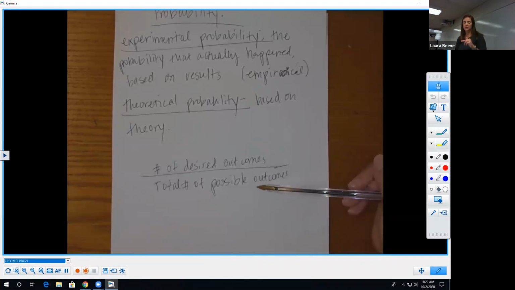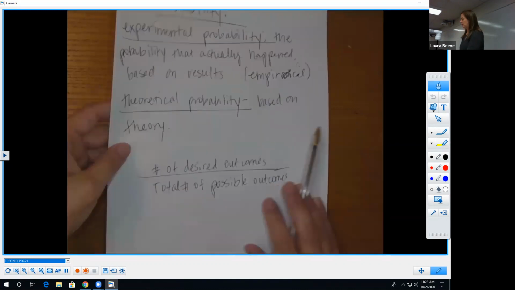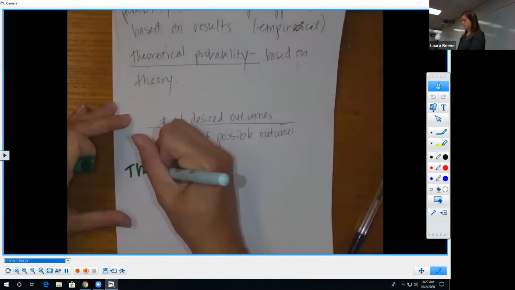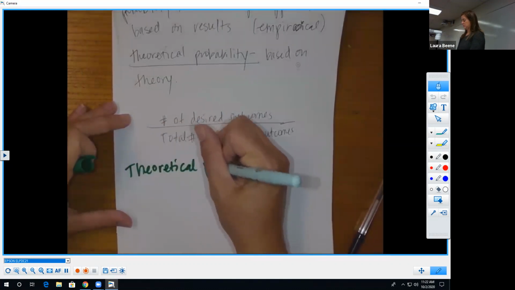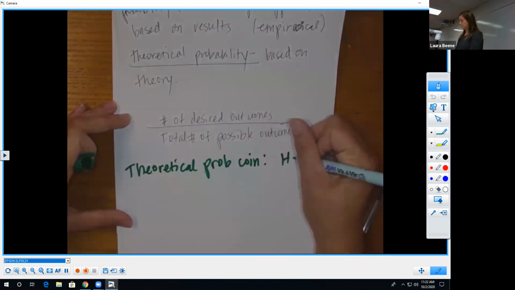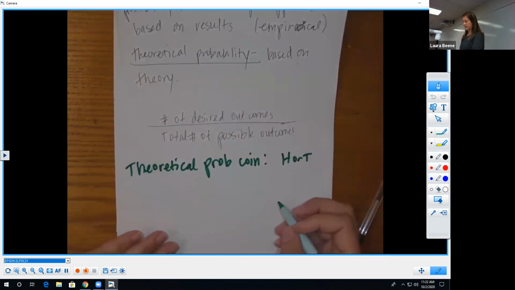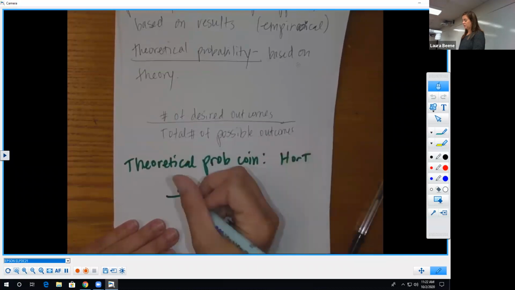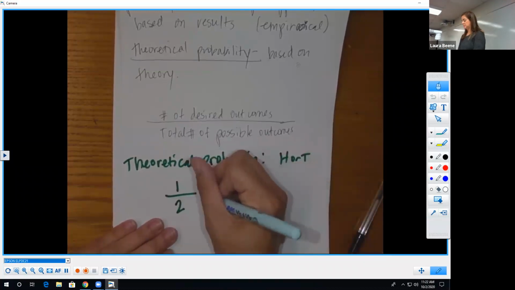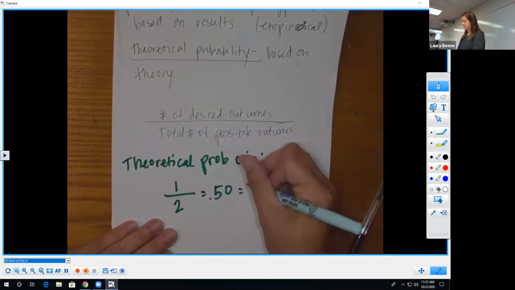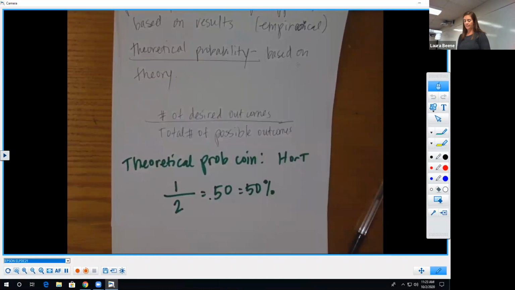Well, I can have heads or tails, so two possible outcomes. So that would be one over two, as a decimal 0.50, and as a percentage 50%. Okay, that's the theoretical probability of a coin toss.